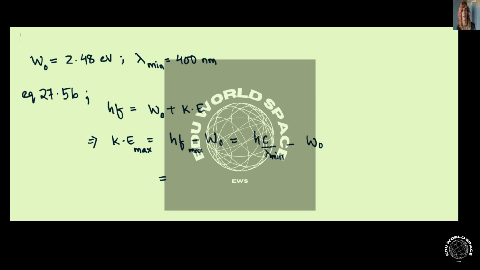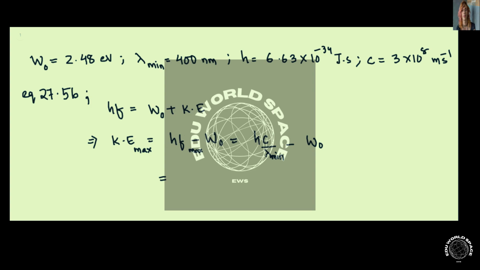Now before doing the calculation, we need to see that h, or the Planck constant, is 6.63 times 10 to the power minus 34 joules per second, and c is equal to 3 times 10 to the power 8 meter per second.